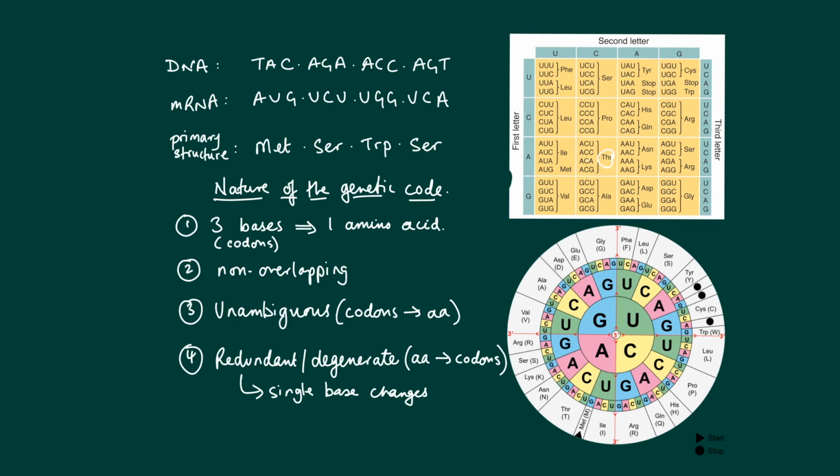And so that particular mutation might not affect the structure of the protein and its function. So there's that important application of that last point right there. But essentially that's the genetic code as you need to know it at this level.